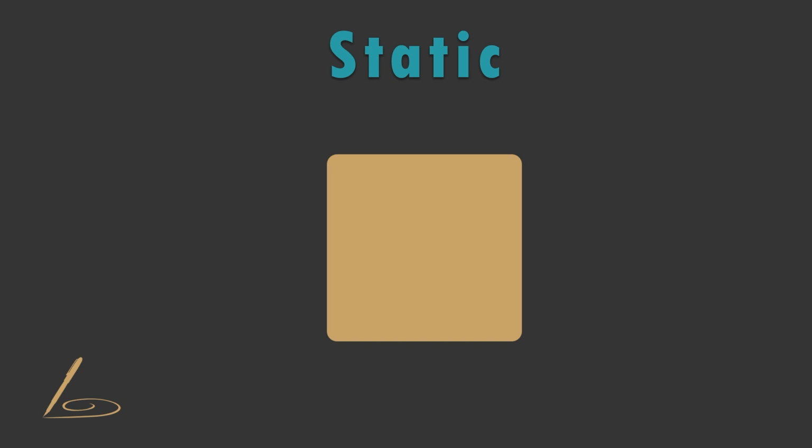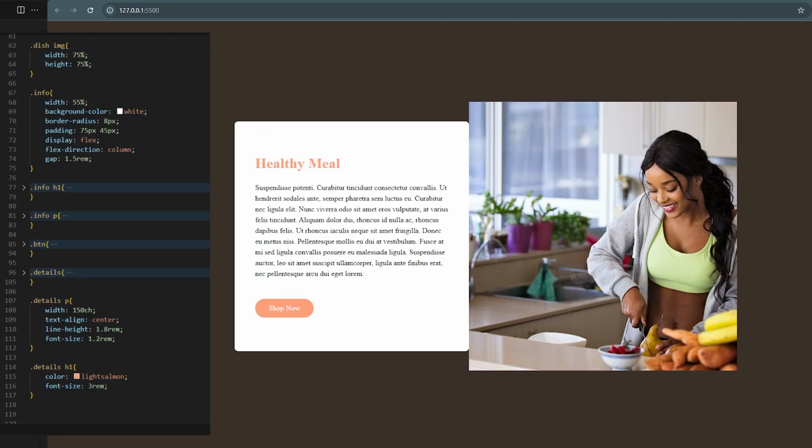So here I am in VS Code, and this is the page. This is what it looks like right now. So I'm going to go ahead and add CSS positioning to this info section here, which is the section that has my header, my paragraph, and my button.